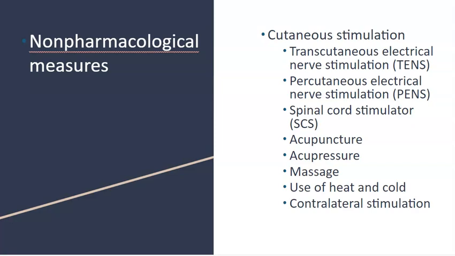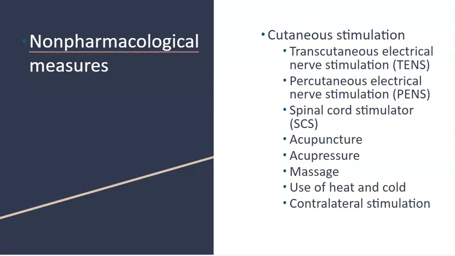I've heard really good things about TENS units being used during labor to help a mother who isn't using an epidural to relieve pain. The other one is the percutaneous electrical nerve stimulation, or PENS unit.